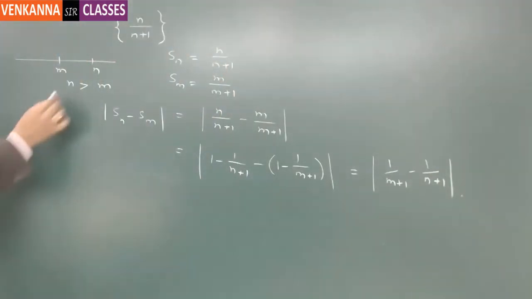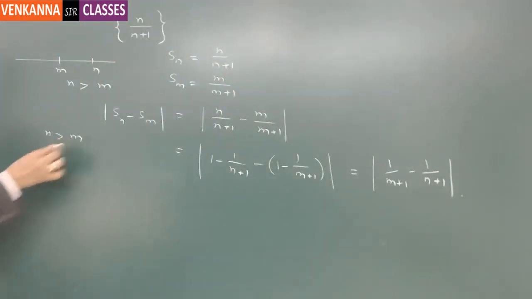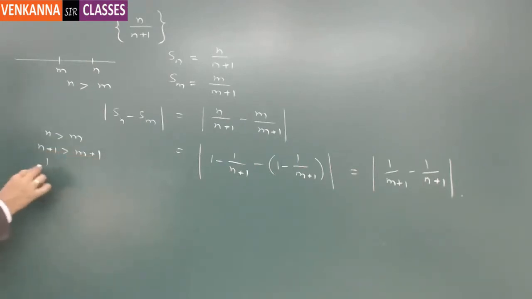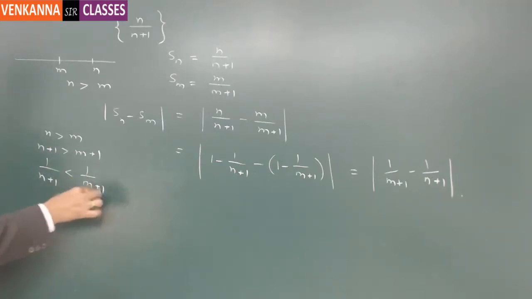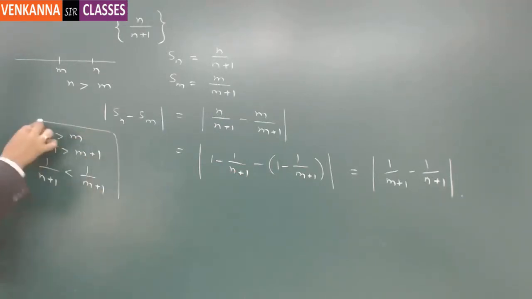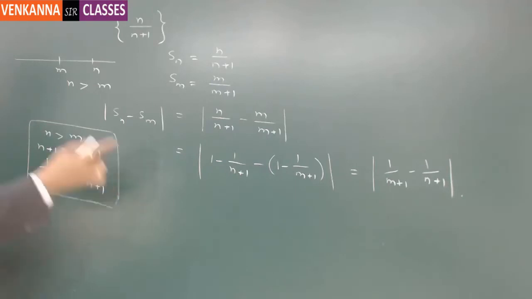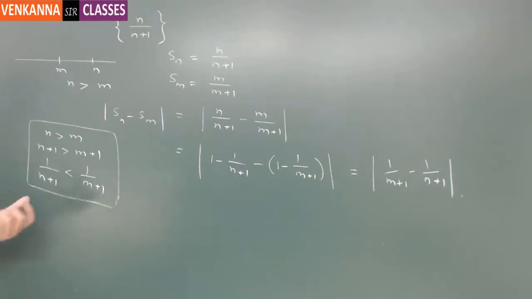As you know, n is greater than m, so n plus 1 is greater than m plus 1. So 1 by n plus 1 is less than 1 by m plus 1. If you consider the modulus, the value inside the modulus is positive because you are subtracting a small number from a big number.